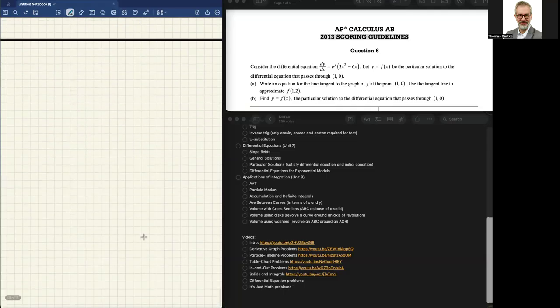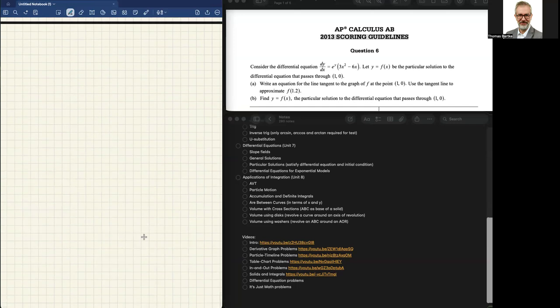All right, so now let's go to the second portion, which starts with my emphasis on separation of variables. Let me write it out here. I have dy/dx equals e to the y times 3x squared minus 6x.